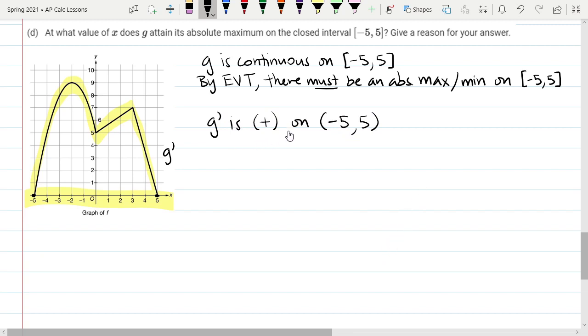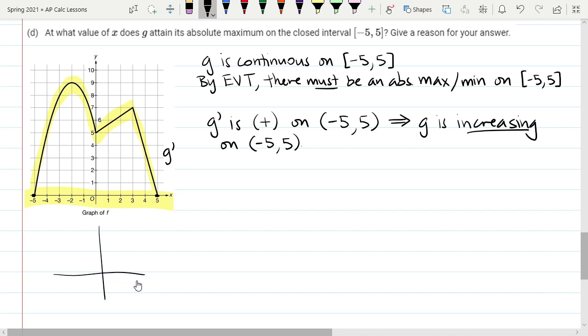And remember, if g prime is positive on that whole interval, then that implies that g is increasing on that interval from -5 to 5. So think about what that's saying then.